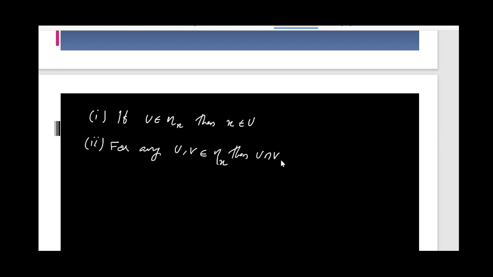First, if U belongs to eta x, then x belongs to U. Second, for any U, V in the neighborhood system eta x, then U intersection V belongs to eta x.